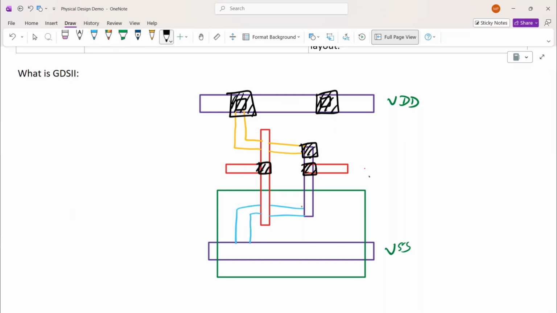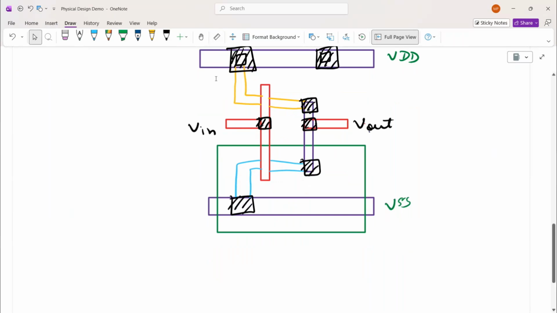So basically your GDS2 has all the information like this. This is VSS, this is V in, this is your output, you will get V out. All of us have done this CMOS in college, right? All this information is there in GDS2. Now imagine, this is one CMOS structure we have created.